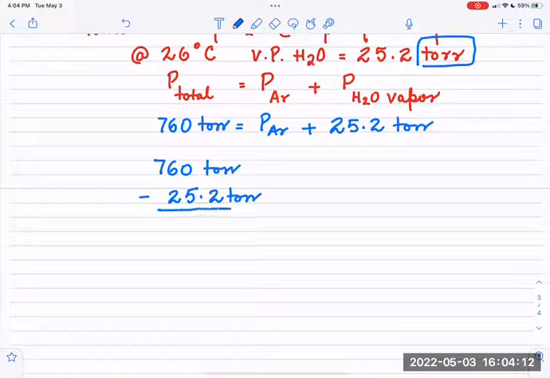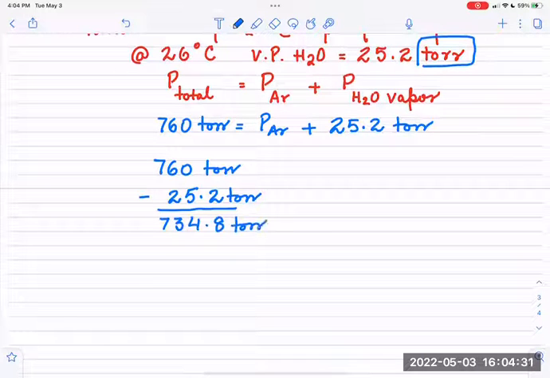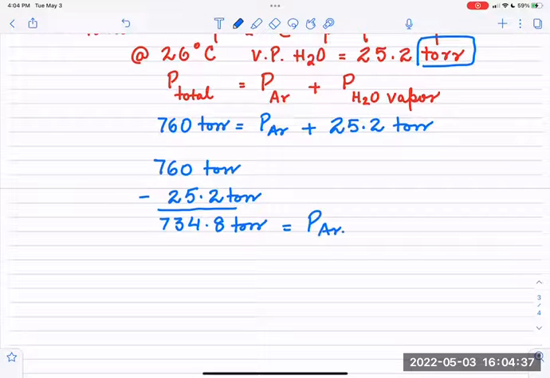What do you get? 760 minus 25.2 torr gives 734.8 torr. Okay, so this is the partial pressure of argon, and that's the answer.